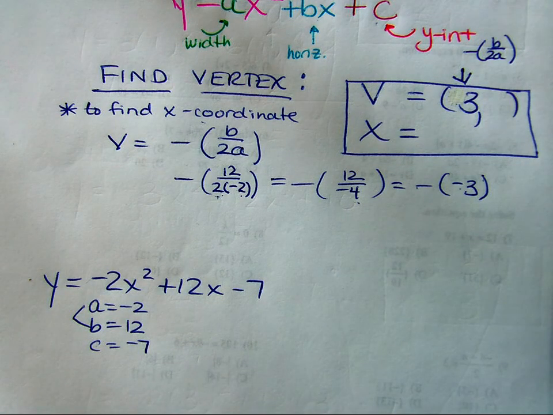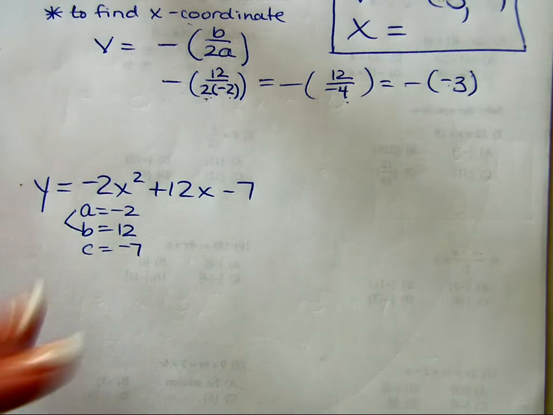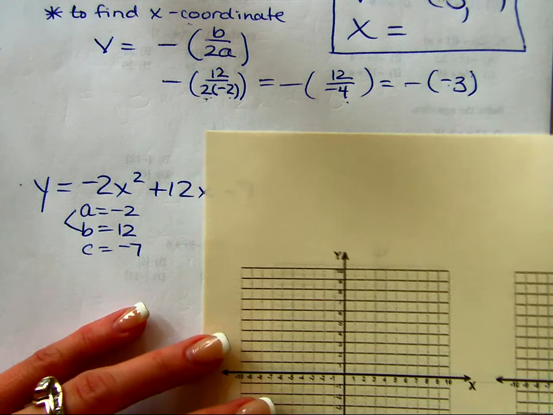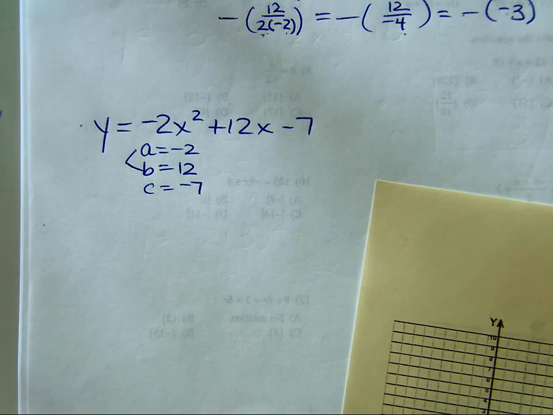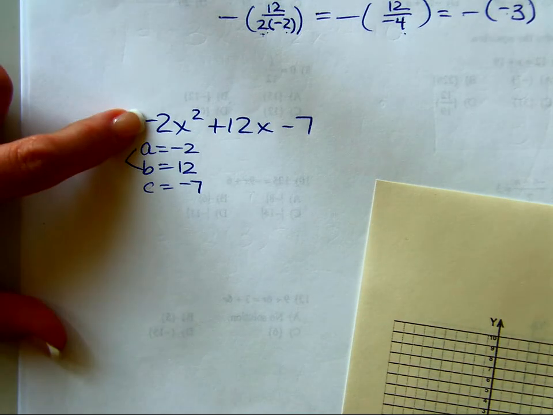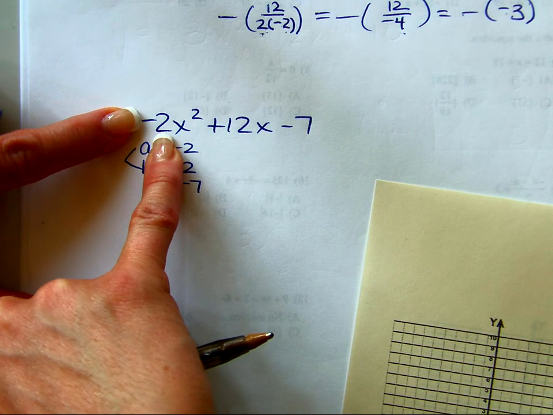So now that I know that, I want you to watch what I'm about to do. I have this nice piece of graph paper because you're going to have to graph it. What do I know so far? Tell me everything you know about that parabola. Does it open up or down? Down. Is it going to widen or narrow, or is it standard?